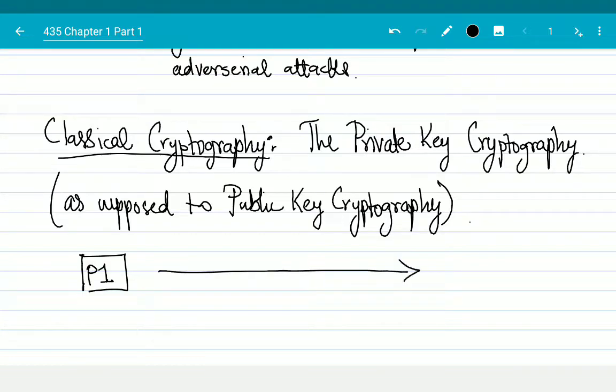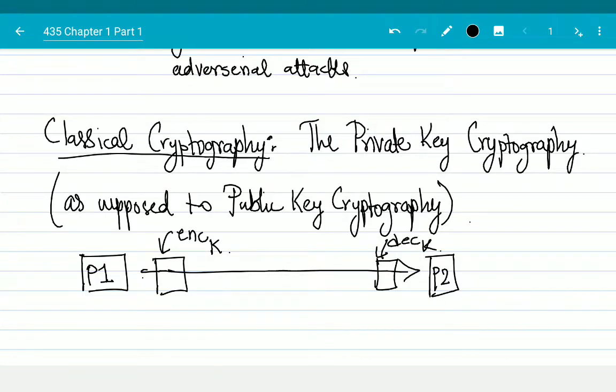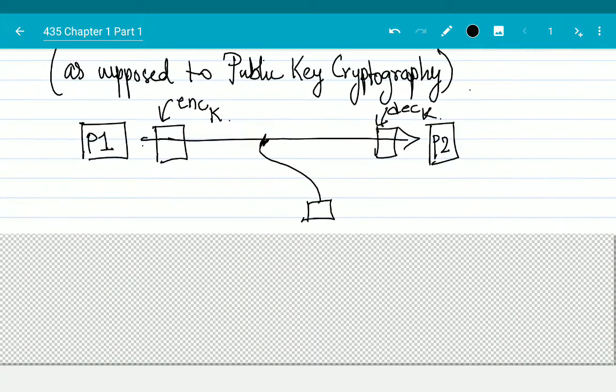They send a message to person two. Okay, and they encode it here with some key K, and this is decoded here. Decode with some key K. Okay, and now if there is an adversary listening from this point, right?